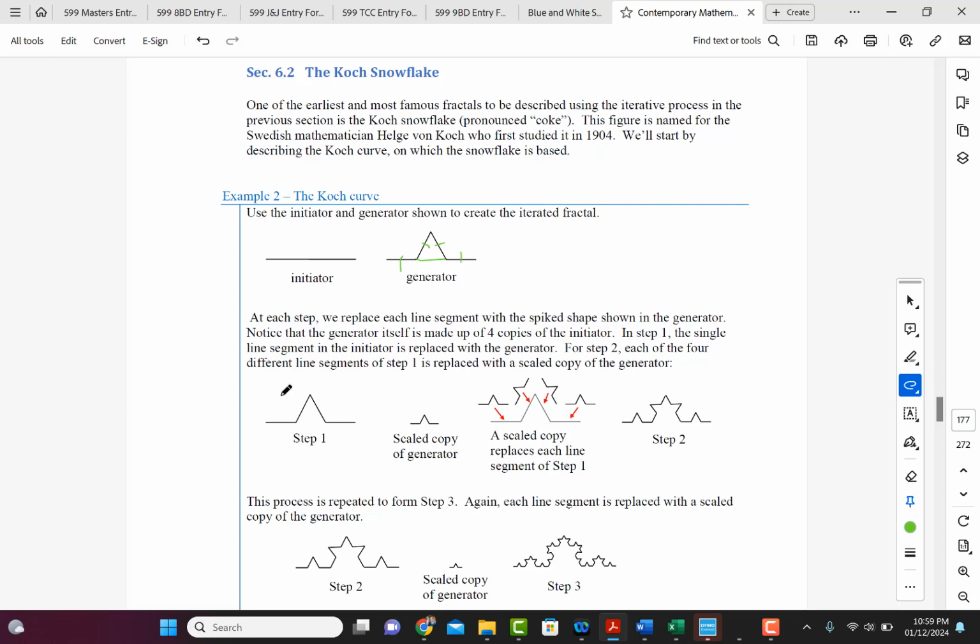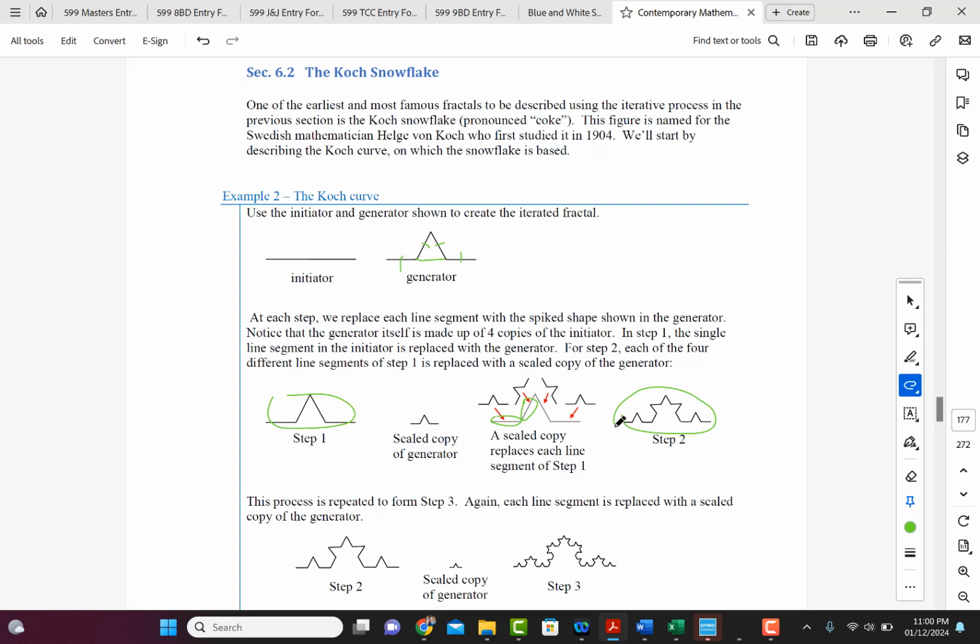So notice in step 1 we have this. And then on each segment we're going to do the exact same thing. So we're going to do the same thing on this leg and on this leg and so on, just like they're shown with the arrows. And so we end up with this.